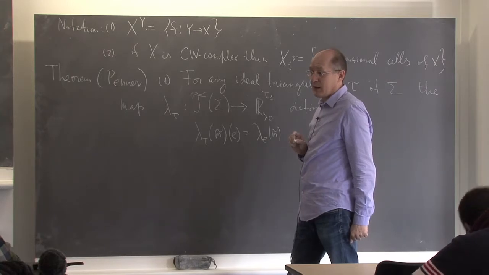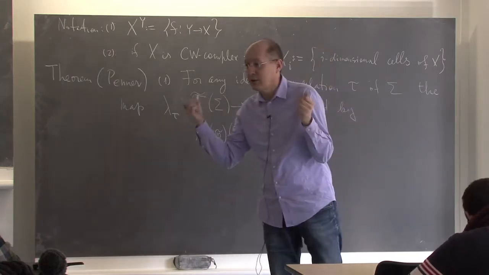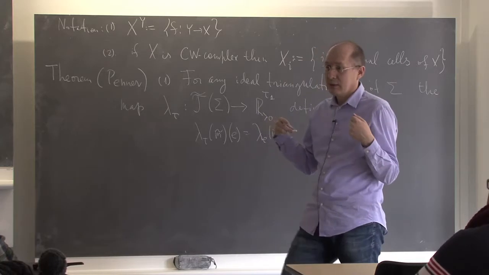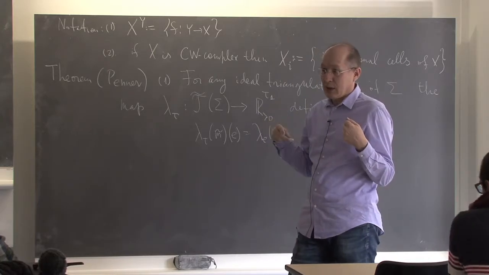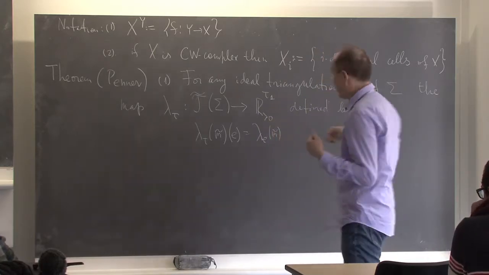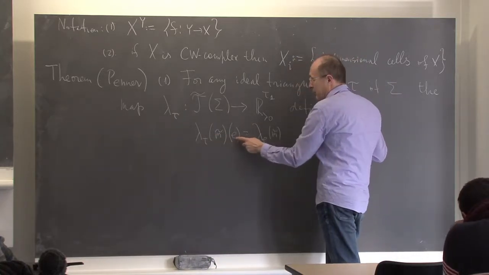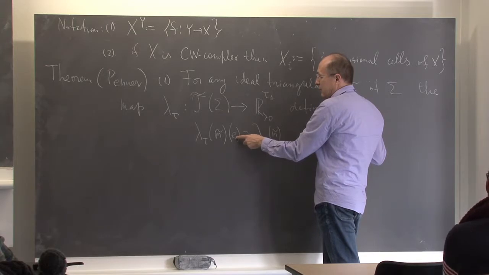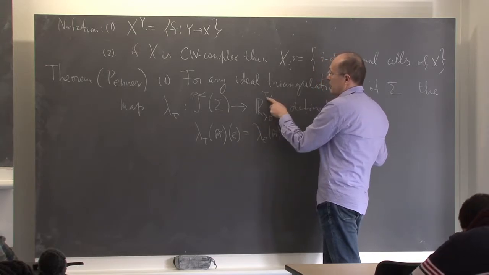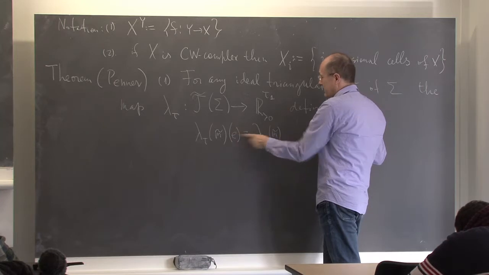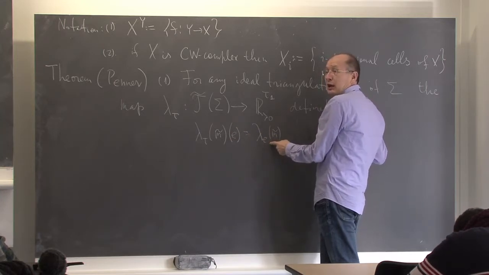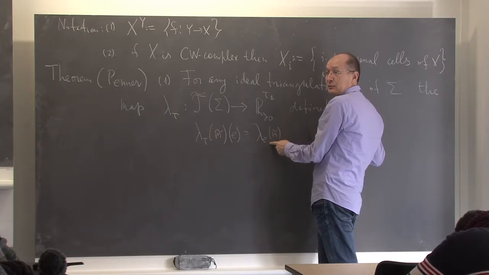So we define the lambda length as a function on the decorated Teichmüller space with strictly positive real values. So this function associates to an ideal arc given as an edge of the ideal triangulation the corresponding lambda length. Okay, that's the function.